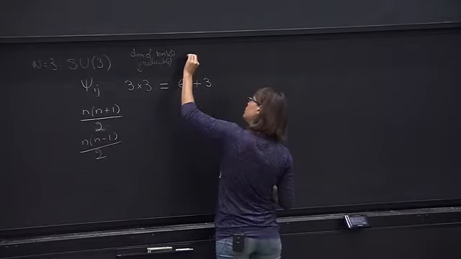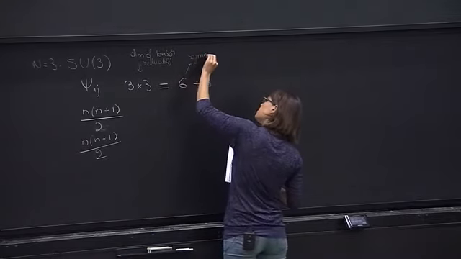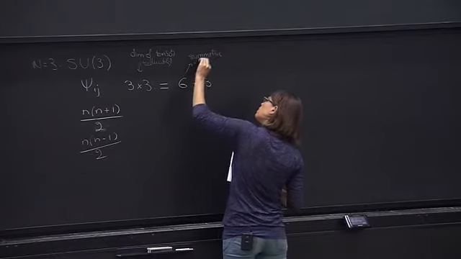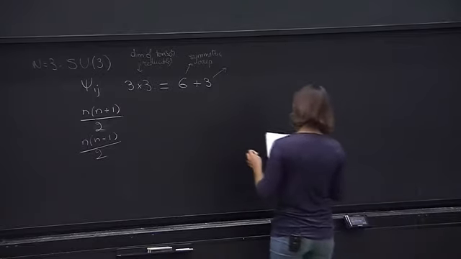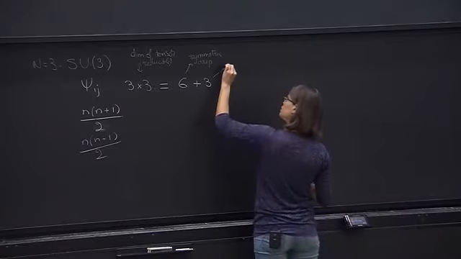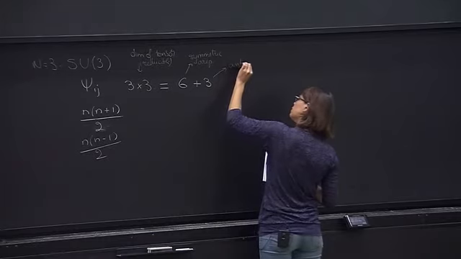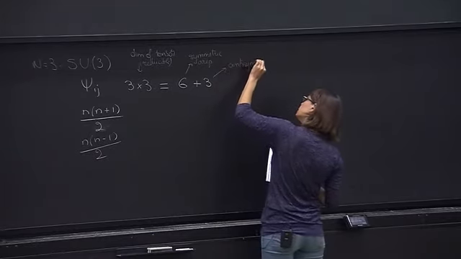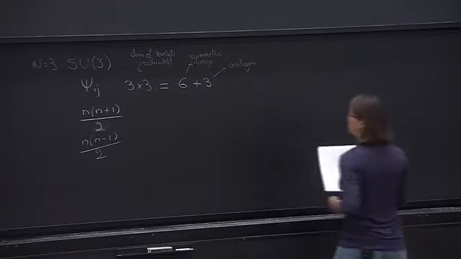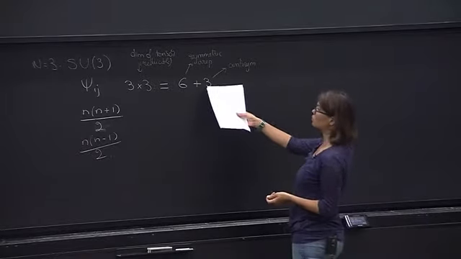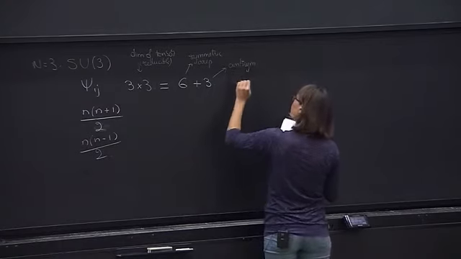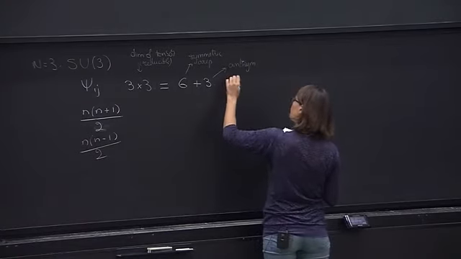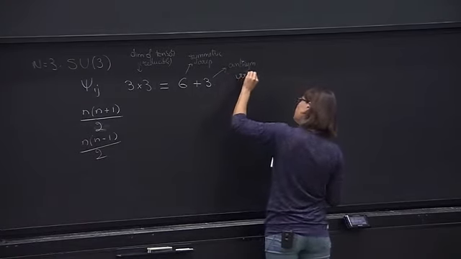So here you have the symmetric, and then here you have the antisymmetric. And you can notice that the antisymmetric dimension coincides with the dimension N here. So this is antisymmetric here.